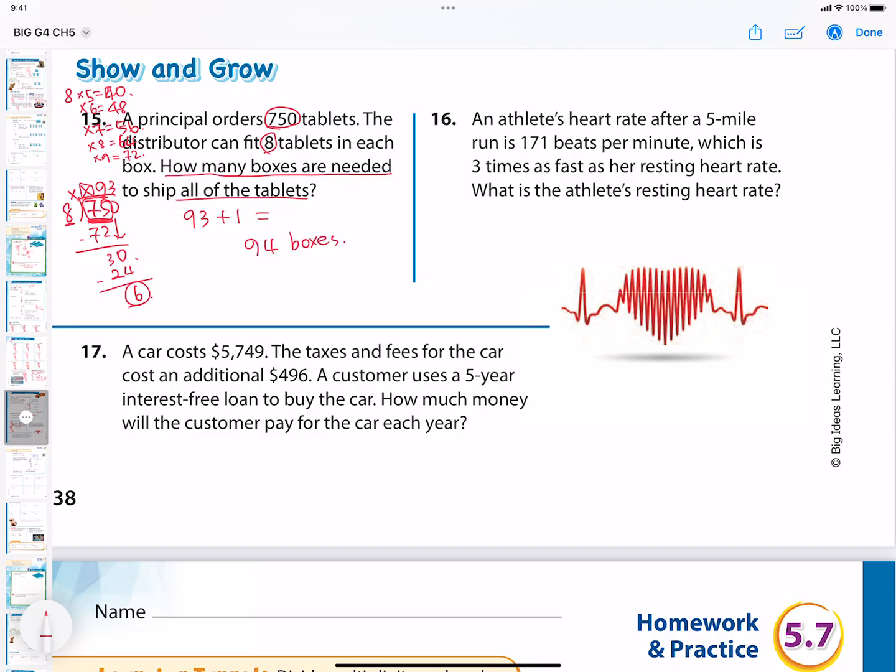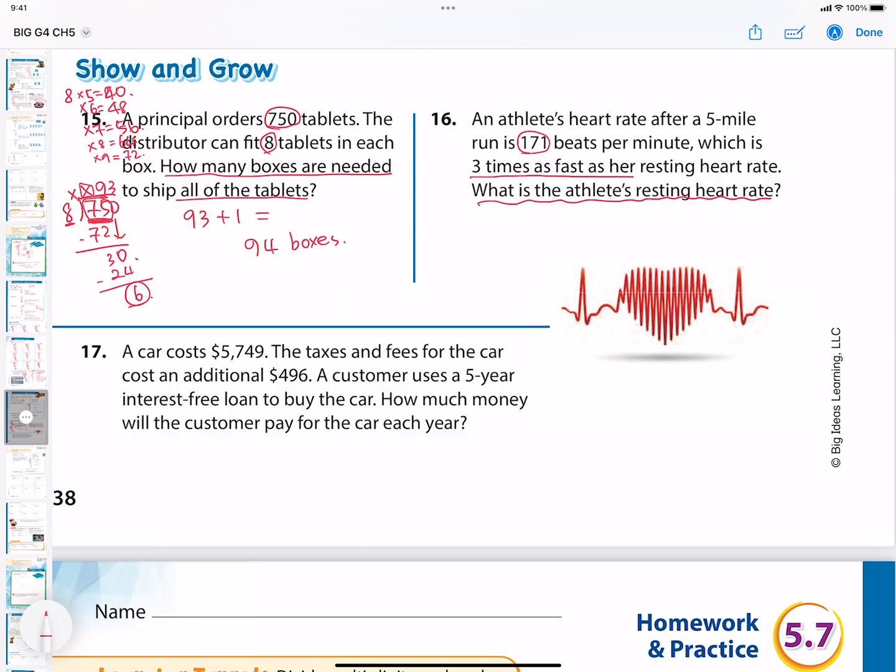It was long, but it's worth it to practice, okay? Now, number 16, let's move on. An athlete's heart rate after a 5-mile run is 171 beats per minute, which is 3 times as fast as her resting heart rate. What is the athlete's resting heart rate?